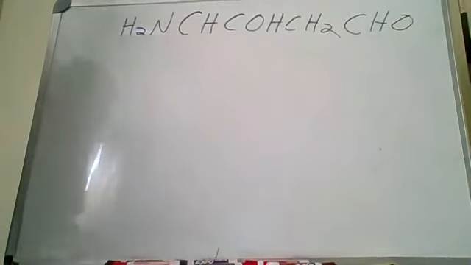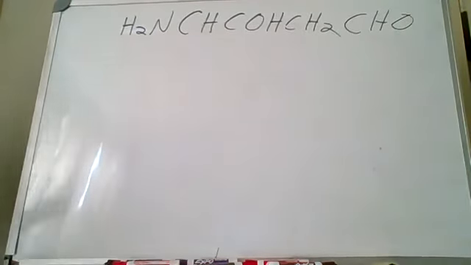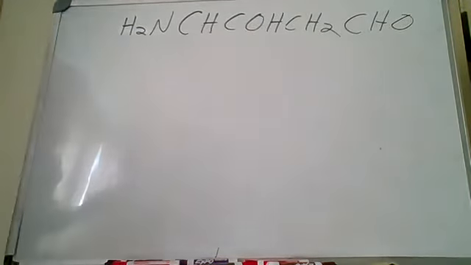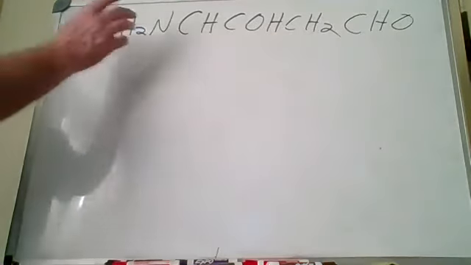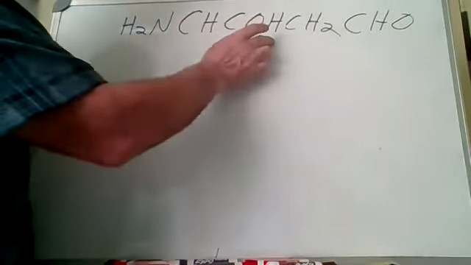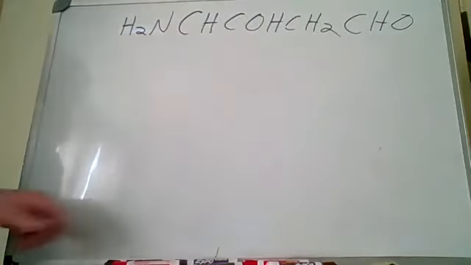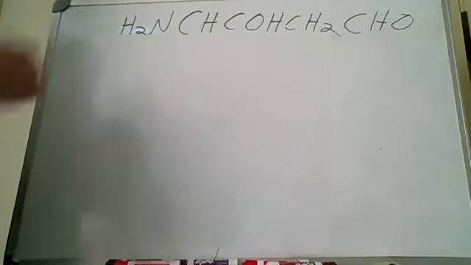Well, there's HO. What's this going to be? Aldehyde. You've got to be careful with aldehydes. Remember, an aldehyde can only make one bond. So we definitely have an amine here, probably an alcohol, and maybe an aldehyde there. All right, we'll have to draw it out and see.